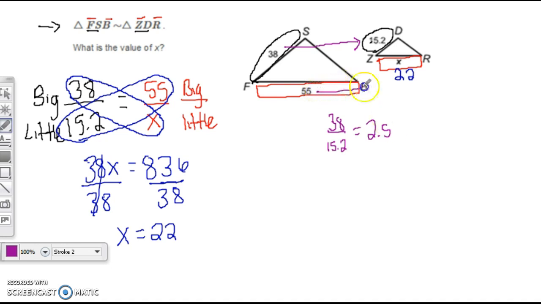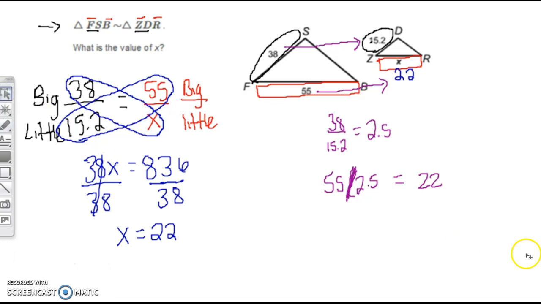Then I could make sure I was using the same scale factor here. So I could take 55 and multiply it. I'm sorry, I said that backwards. Divide it by 2.5, and it would equal 22. Let's pretend like that's a division symbol. I always set up the proportions because it's my favorite method, but then you can check it with scale factor if you want to.